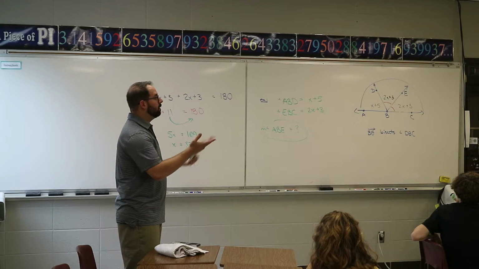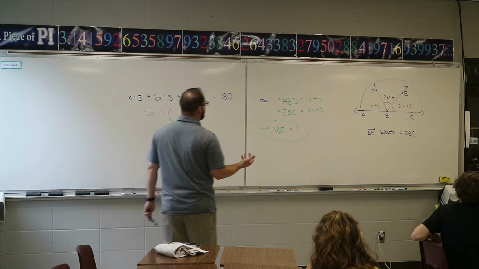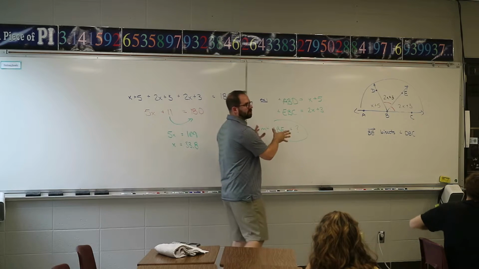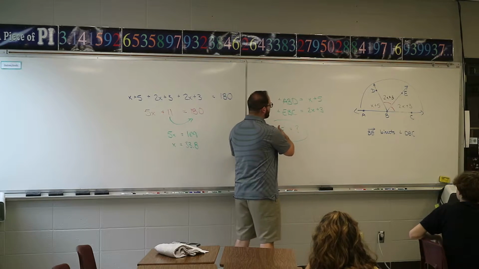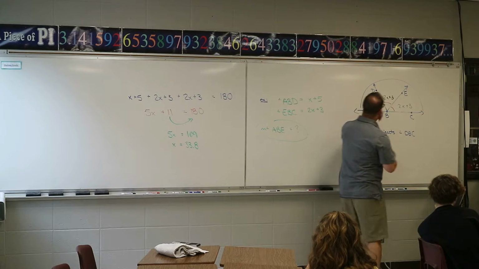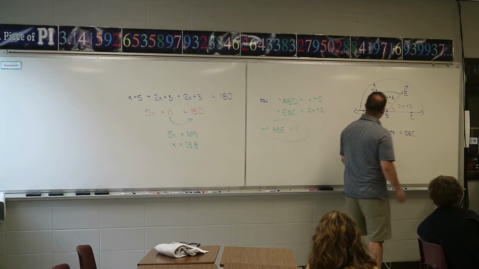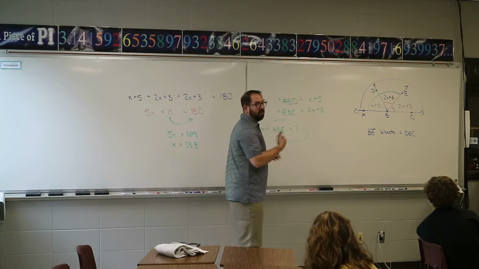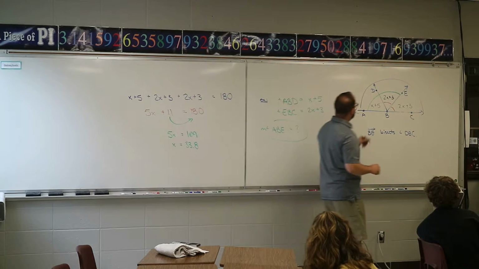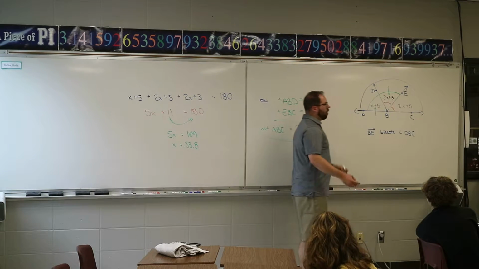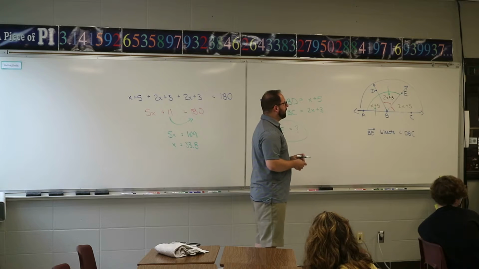Yeah, plug it back in. Here's the problem. We have to go figure out where to plug it in, right? So you gotta go, okay, what does the question ask for? We found x. The question's asking for ABE. ABE is this angle right here. That means I'm gonna have to take my 33.8, plug it in here, and plug it in here, and once I get those numbers, then I can get to my final answer.